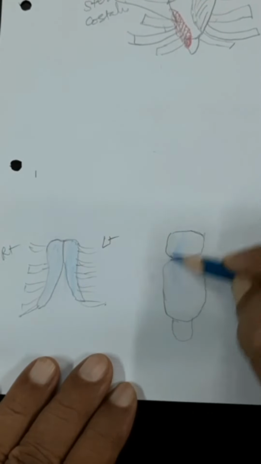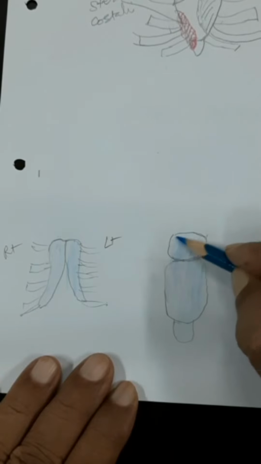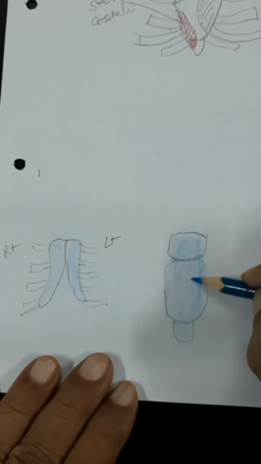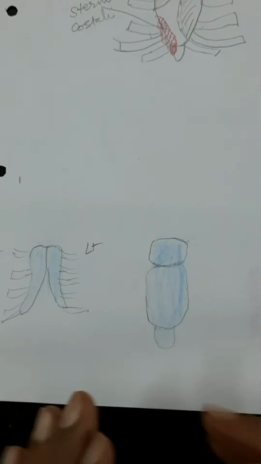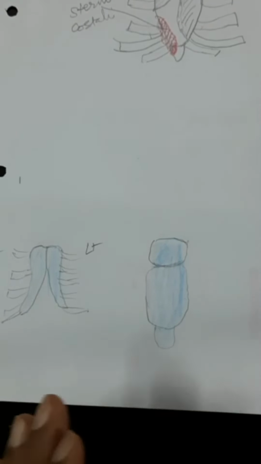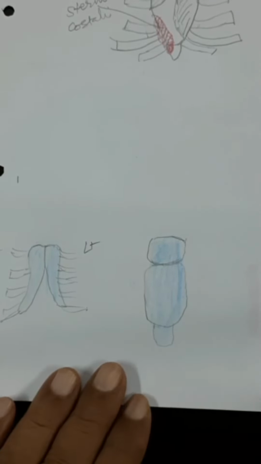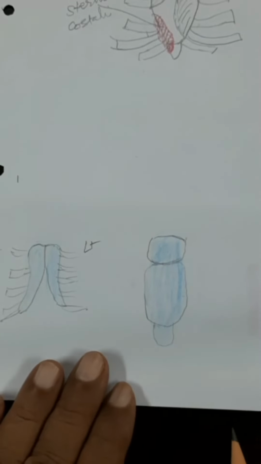Since we have to see its ossification in three different parts, I have just shown this hyaline cartilaginous model of the sternum, which has been formed by the fusion of the two plates of the right side and left side. And this plate after fusion will have the complete model of the sternum as costal cartilage, okay.